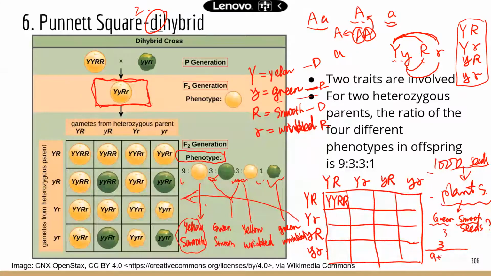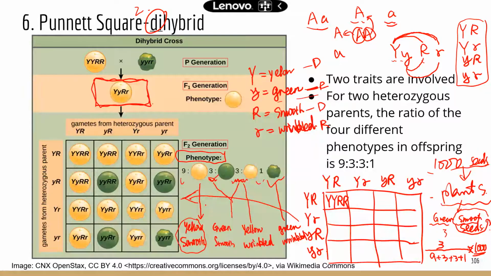3 divided by all the numbers added up. So 9 plus 3 plus 3 plus 1, that is going to be the percentage or proportion of this particular group of individuals in the entire population, which is 1,000 plants. And then you can multiply this by the total number of plants, which is 1,000.